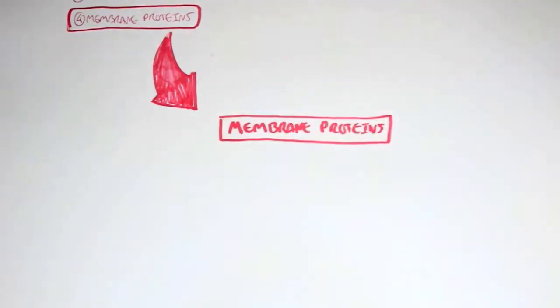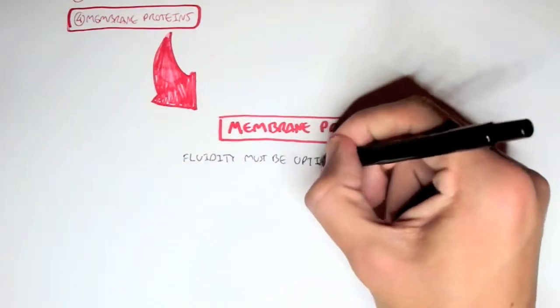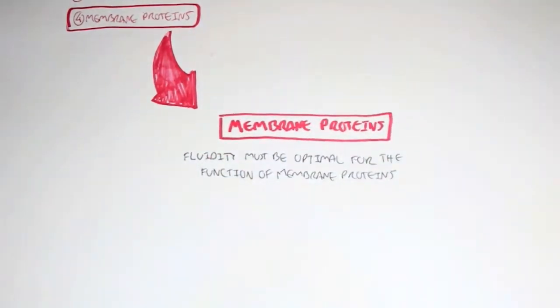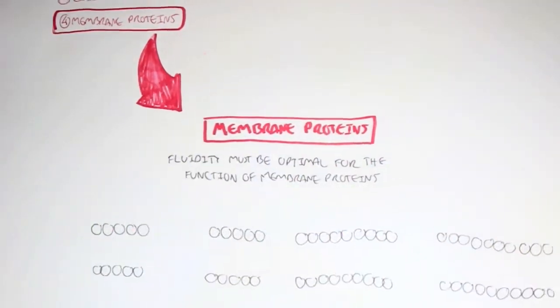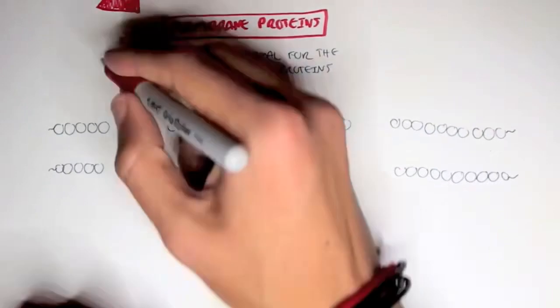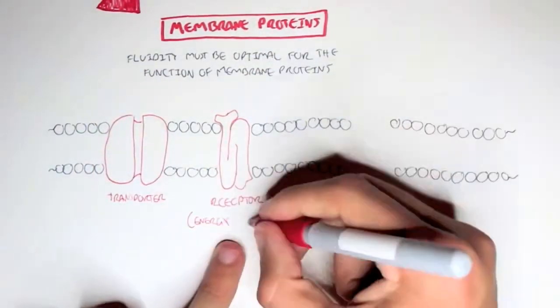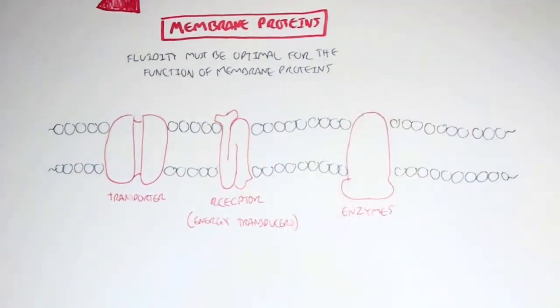Now the fluidity must be optimal for the function of membrane proteins. And we'll look into membrane proteins in the next video in more detail. But let's just look at a quick overview. What are membrane proteins? Well, they can be transporters, receptors, energy transducers, or enzymes, and obviously they can influence permeability.